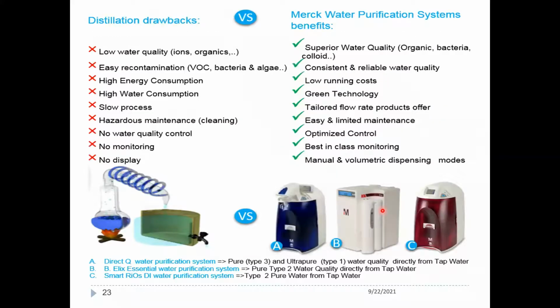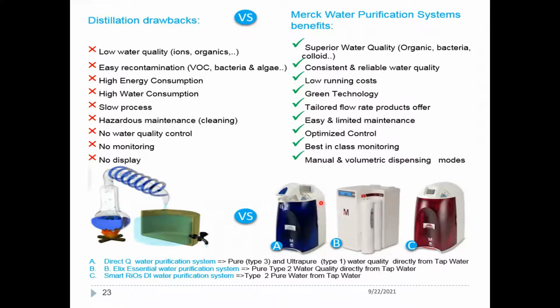Here is a comparison between the distillation, so what we just spoke about, the no monitoring, no display, you can't see, but here with the MEC water purification system, you have a display, it gives you the resistivity or conductivity. You can have the TOC value as well, and then the temperature.